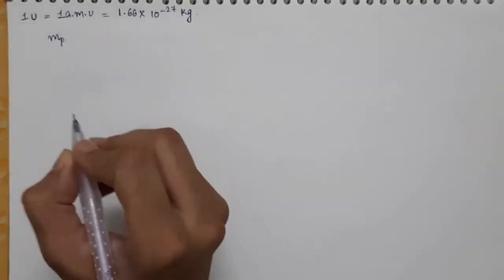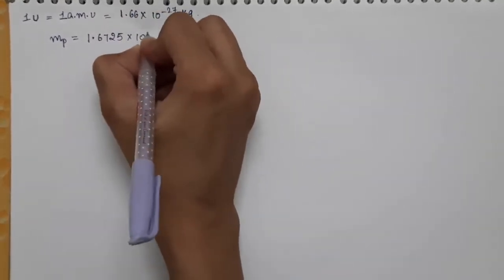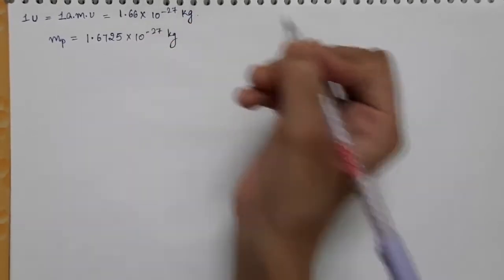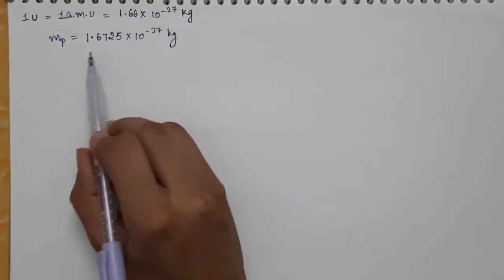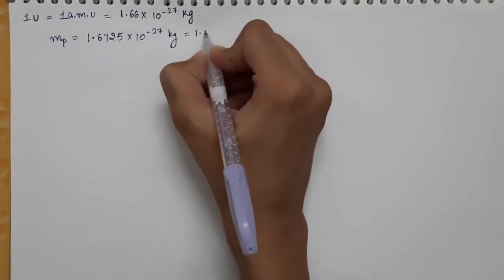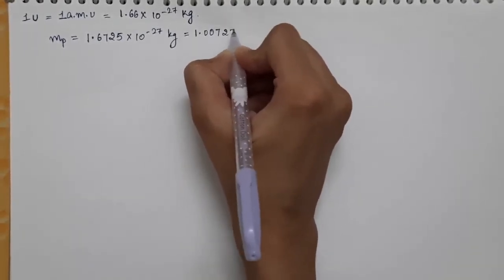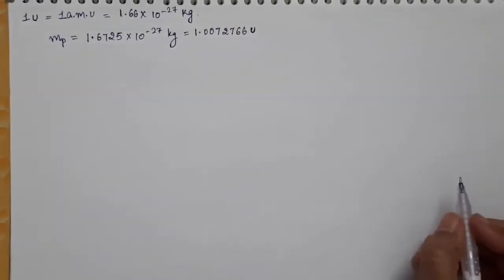Now the mass of a proton and neutron in terms of 1 AMU. The mass of a single proton is equal to 1.6725 × 10^-27 kg. This is the mass of a proton in kilograms, and when converted in terms of AMU, it is equal to 1.0072766 AMU, or simply u.